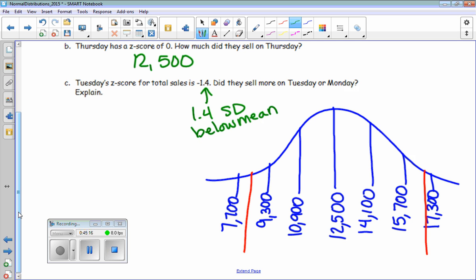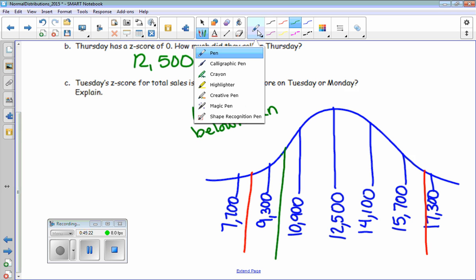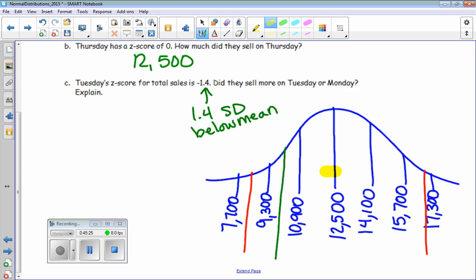So 1 standard deviation is here, 1.4 is about right here. Do you agree? I'll kind of draw it with a highlighter. You are 1.4 standard deviations below the mean. That's what that z-score represents.